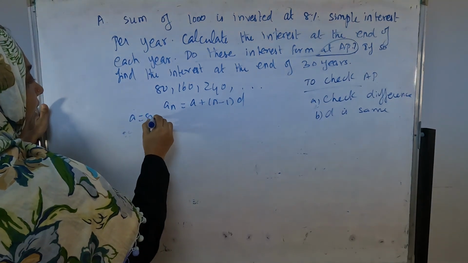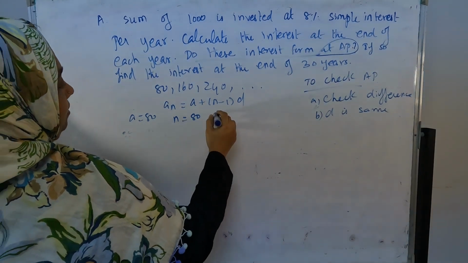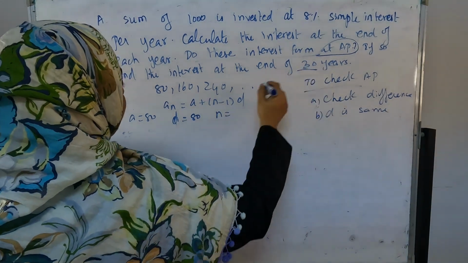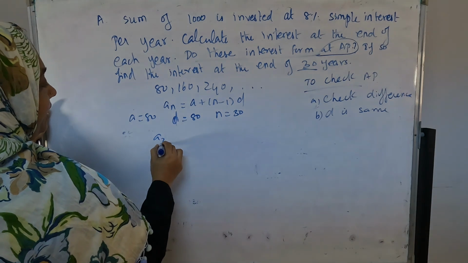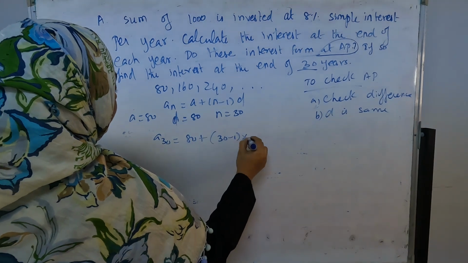A is 80, d is 80 and n they given as 30. So A30 is equal to 80 plus 30 minus 1 into 80.